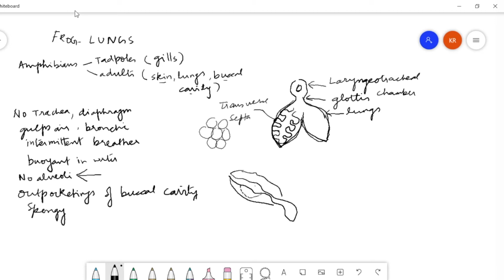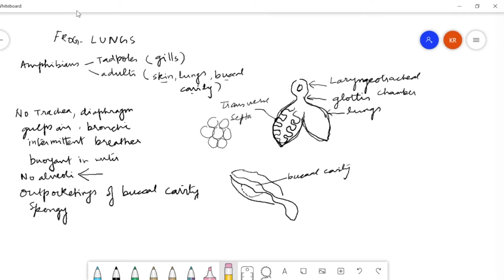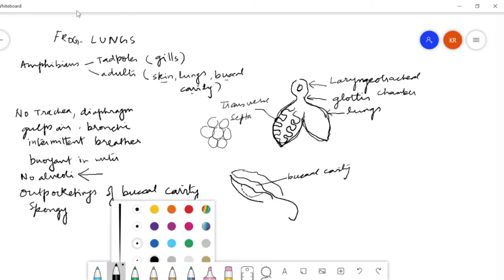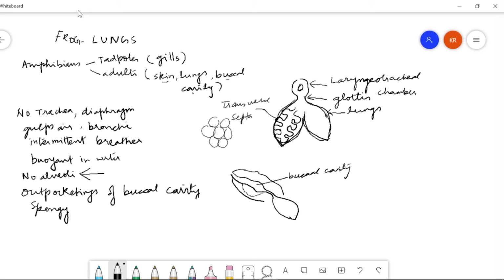So this is the frog buccal cavity. These are the lungs.